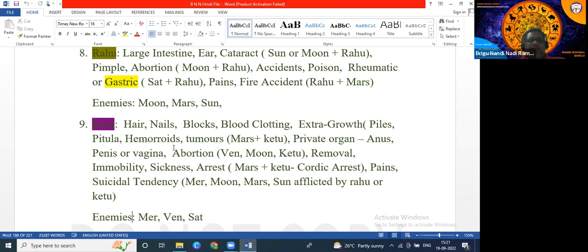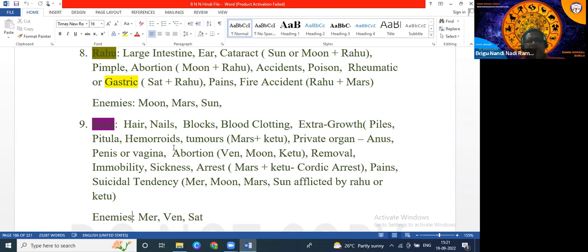So generally, if Venus, Moon, Ketu are together, Ketu is with Venus, Moon. If it is a female, then the female native will get abortion. If it is male, the wife of the native will get abortion. And generally, Ketu is removal, immobility, and sickness, arrest.